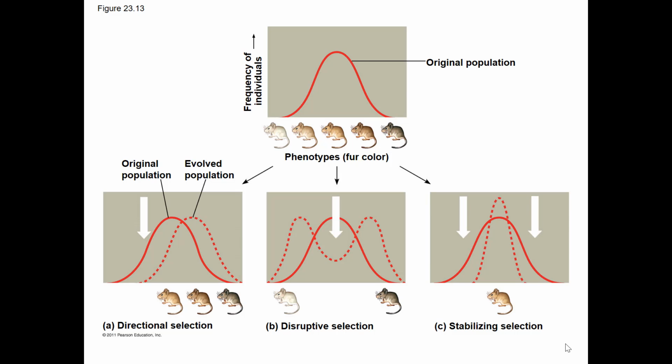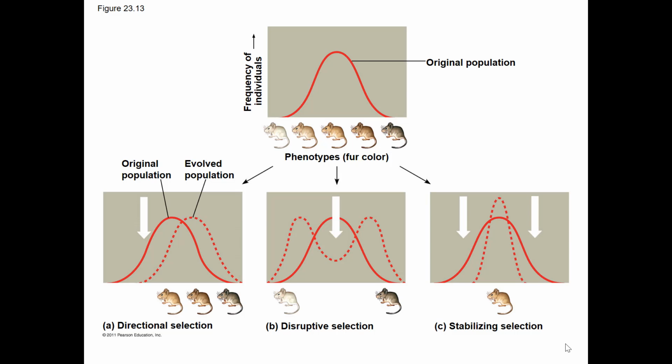Yeah, Mark. So for the graph, is size for all the x-axis and proportion of the population for all the y? Yes. Okay. Yep. So one form is directional selection, and that's your average size is increasing or decreasing. It's moving in a particular direction.